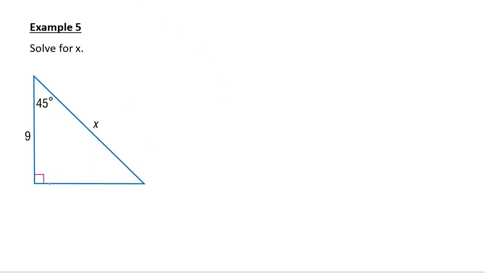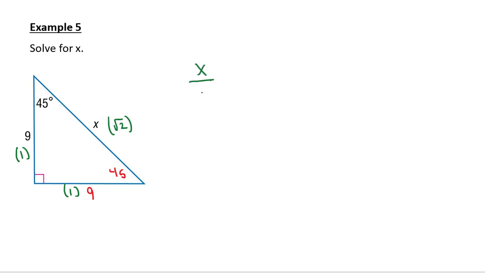Okay, I have a 45-degree angle, I have a 90, so I know that that is 45. I know this side is 9. It's as easy as, since it's a 45, 45, 90, 1, root 2.